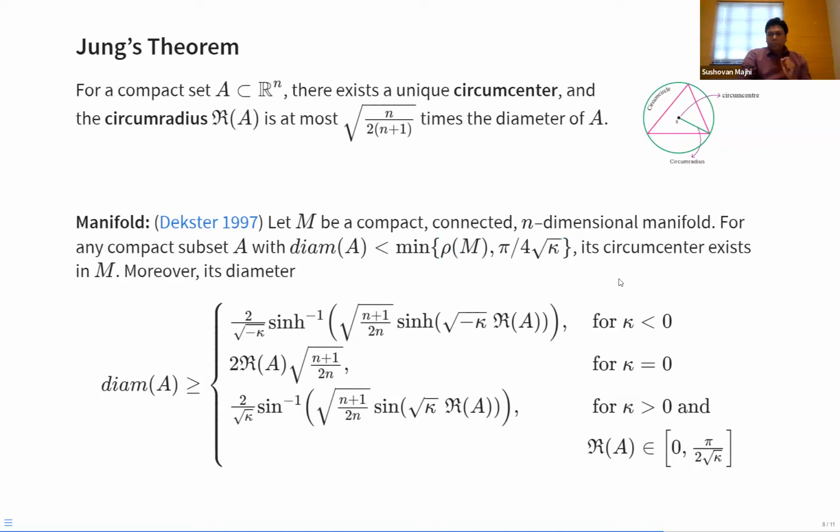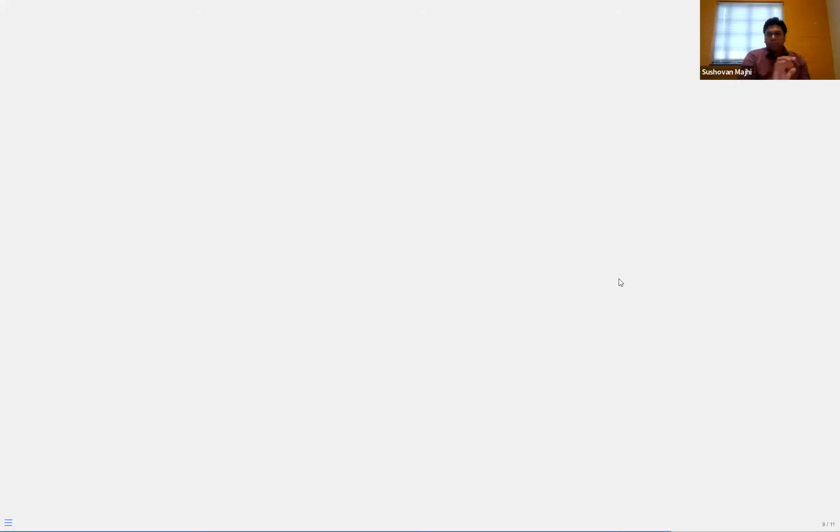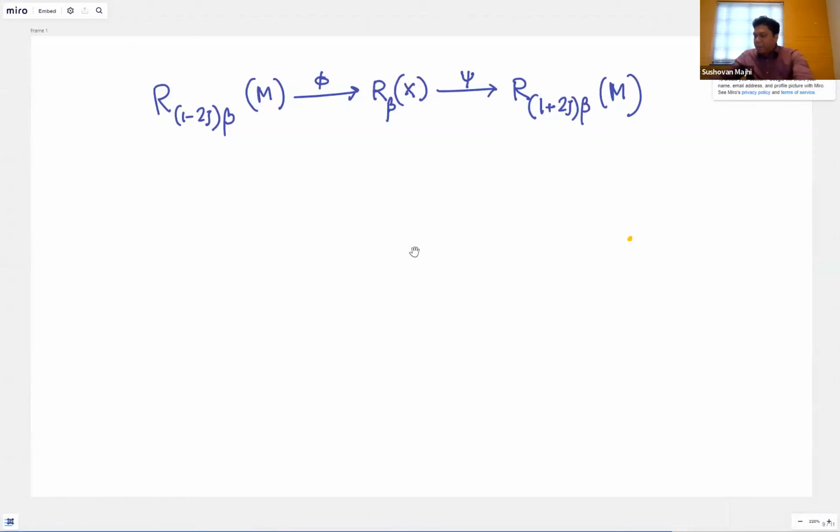All right, moving on. Now, since we have time, let's go over the sketch of the proof. So basically what happens, let me start my tablet. So here X is the sample and M is the manifold. Since we have control over the Hausdorff distance, we can have this simplicial chain.